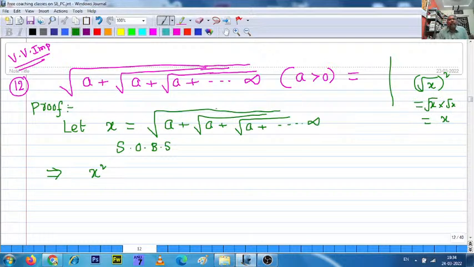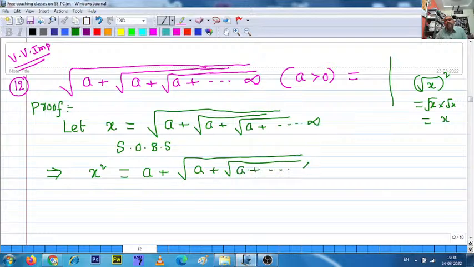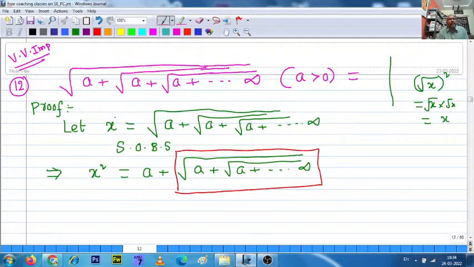So one square root will be eliminated here, so that we will be getting a plus root of a plus root of a plus so on to infinity. So my dear students, consider up to this part. This part is again whatever we assumed, that is nothing but x itself only. So now this is being replaced by x.